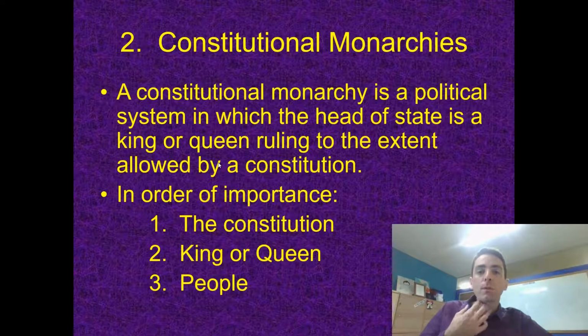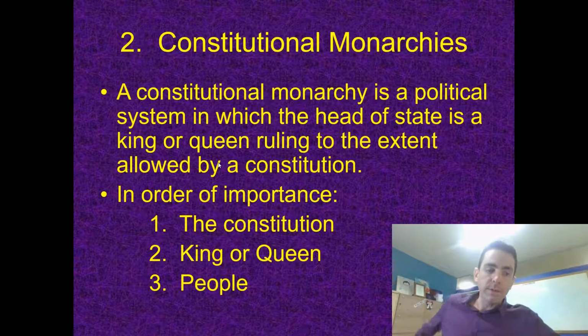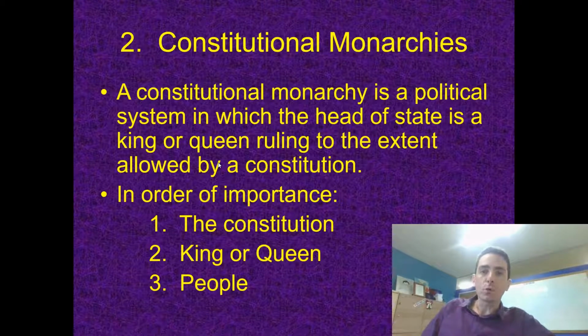Now, constitutional monarchies. A constitutional monarchy is a political system in which the head of state is a king or a queen, ruling to the extent allowed by a constitution. In that country, the order of importance is 1, the constitution, 2, the king or queen, 3, the people. If you don't know what a constitution is, it is a set of rules.